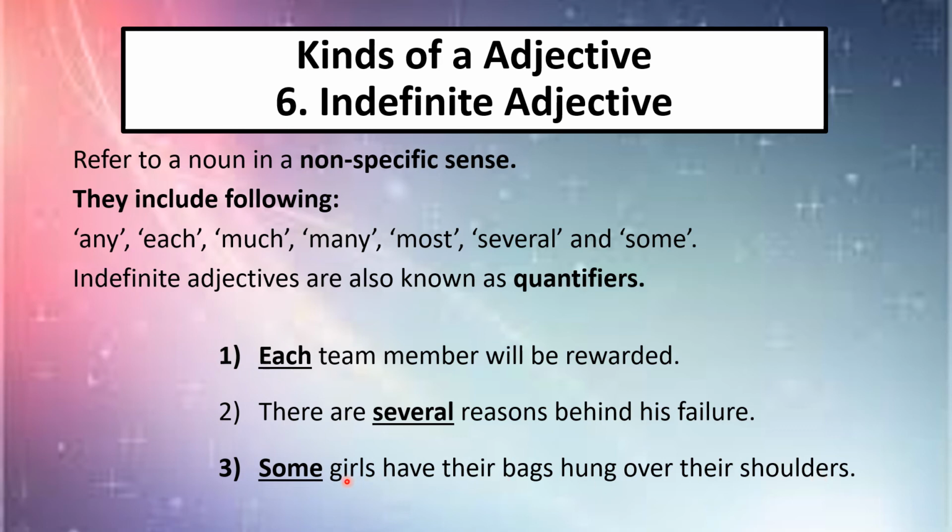To talk something more about girls, which is a noun, an adjective some has been used. So it is an indefinite adjective because some here is used in a non-specific sense. Notice that each, several, and some in these sentences are used as quantifiers.